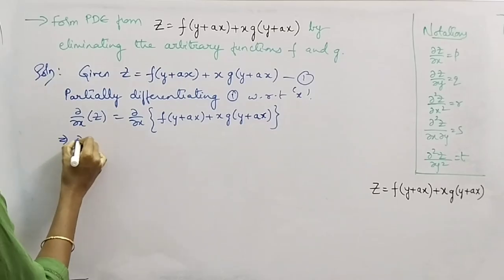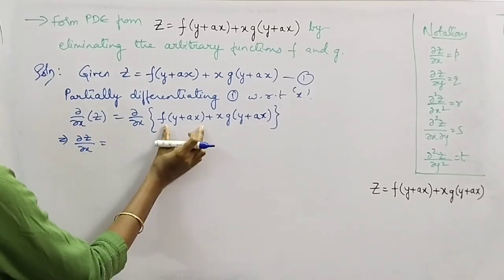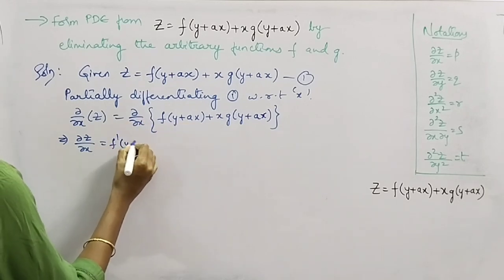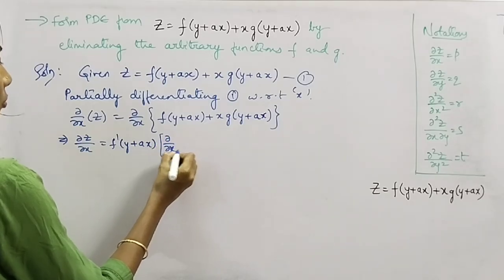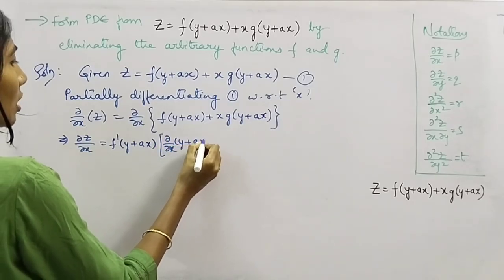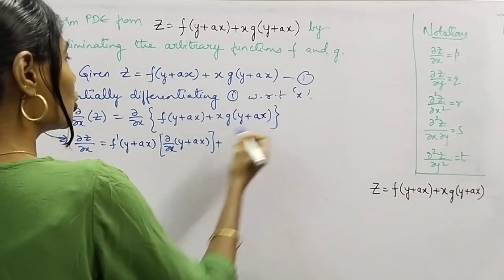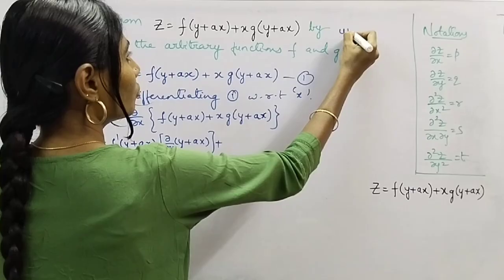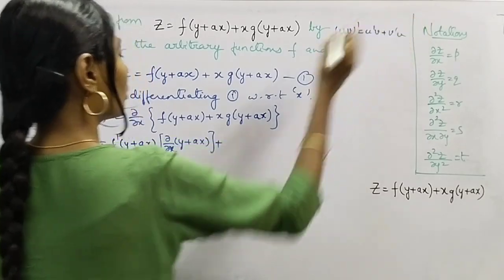This gives us dou z by dou x equal to partial derivative of f of y plus ax with respect to x, which is f dash of y plus ax into inner derivative dou by dou x of y plus ax, plus, here we have x and g of y plus ax, right? We are going to apply the uv whole dash formula, that is u dash v plus v dash u.